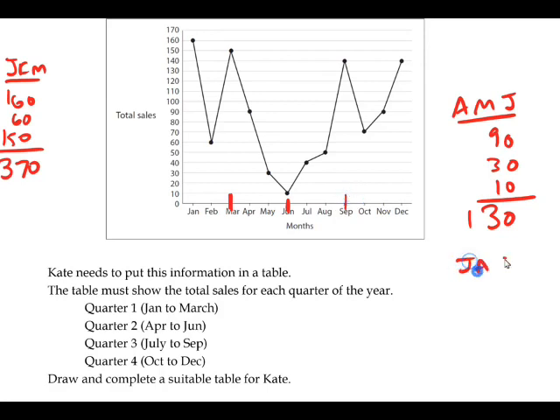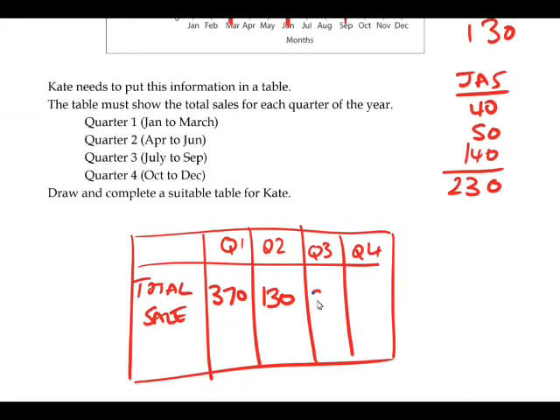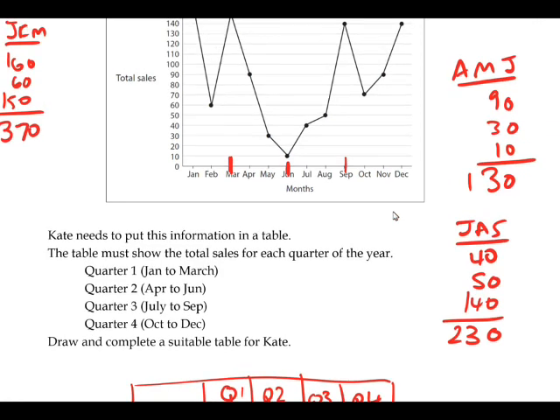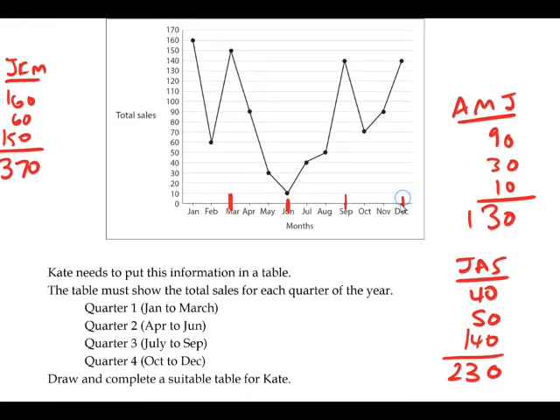So July, August, September, we have July 40, August 50, and September 140. And that gives us total on our calculators of 230. Put this in our table. And then we finish off with quarter 4, so October, November, and December.